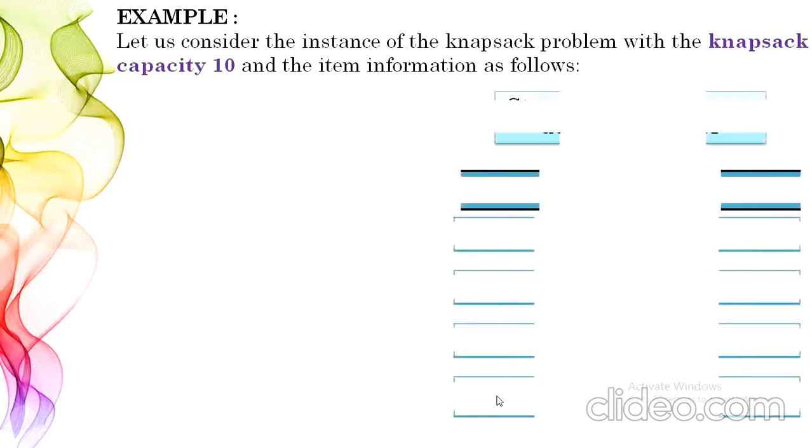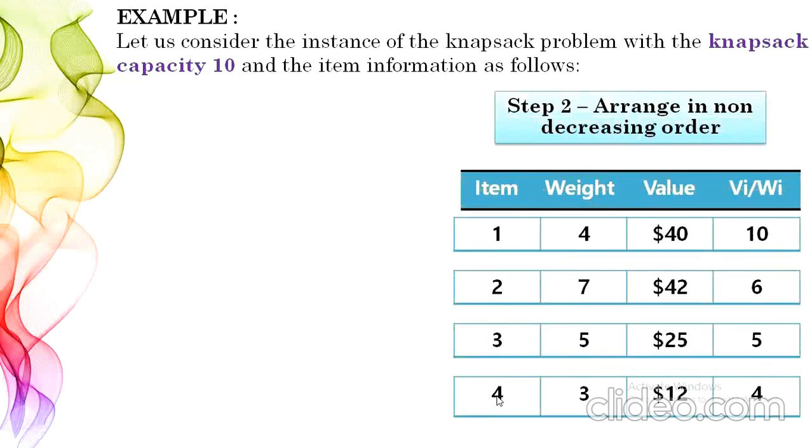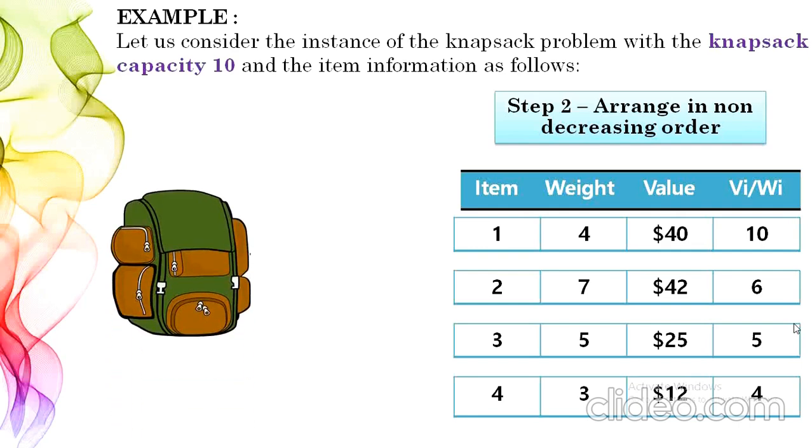Here also I have taken the same example. The knapsack capacity is 10. After finding the value weight ratio and finishing the arrangement, this is our final input. Next we have to add the items into the knapsack to get the maximum profit.